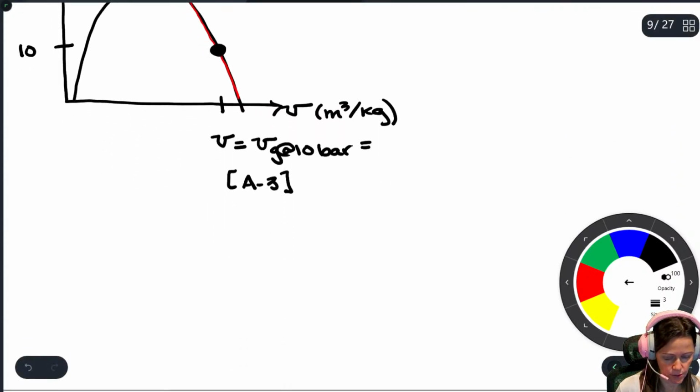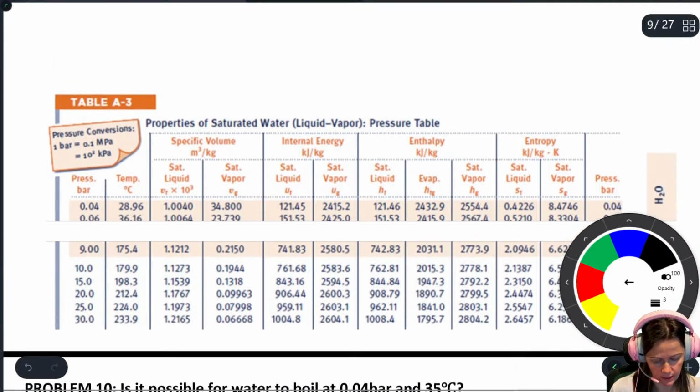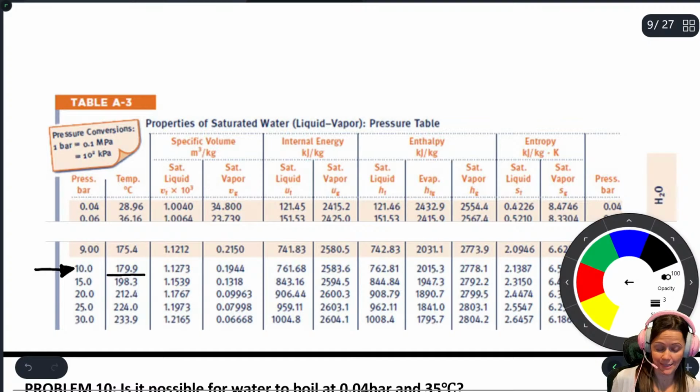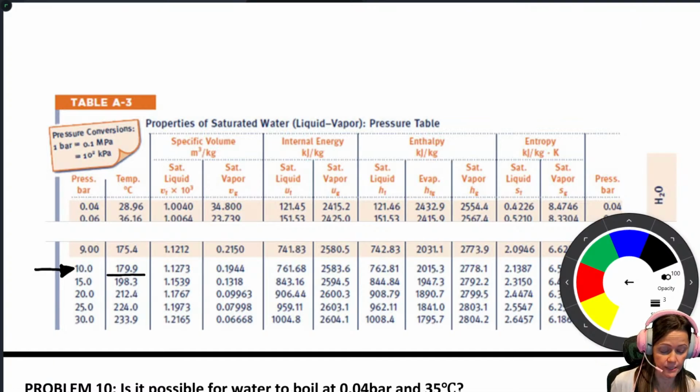Okay, so at 10 bar, I had to cut it a little bit because it was long, but at 10 bar, I needed to know what temperature that saturated vapor is. It's going to be 179.9 degrees Celsius.